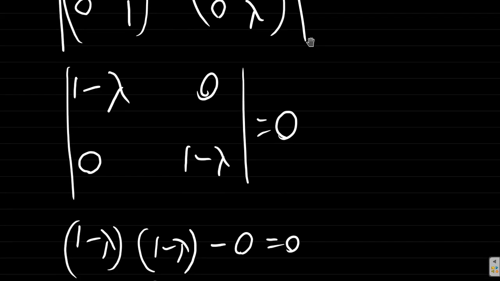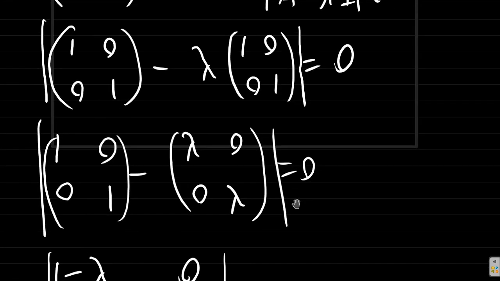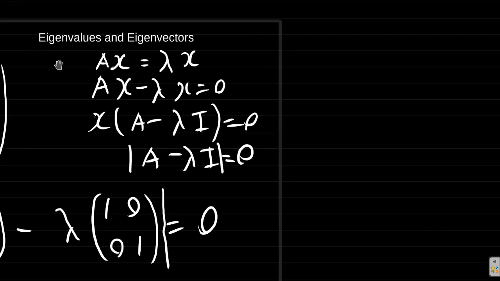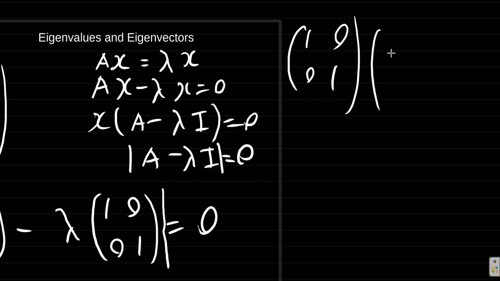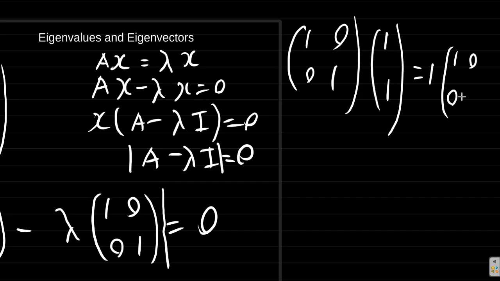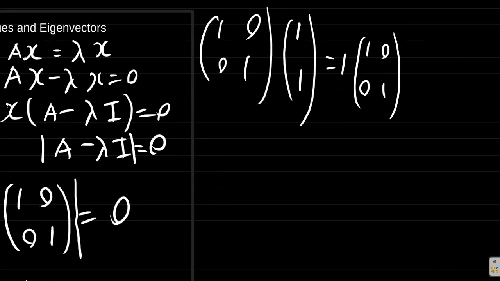Now, if x and y are 0 and lambda is 1, let's test this out. A was [1 0; 0 1] times x, let's use x equal 1, y equal 1, is equal to lambda, which is 1, multiplied by the unit matrix times x.